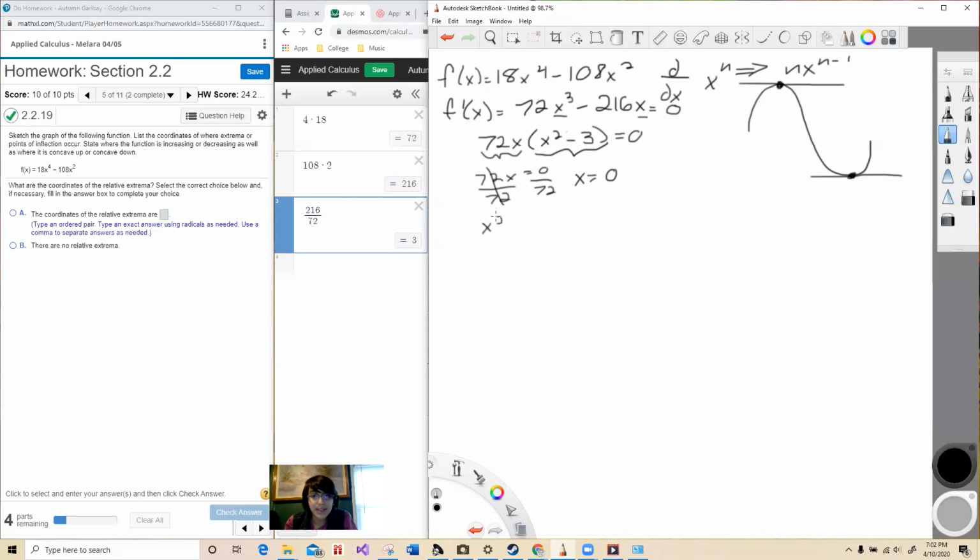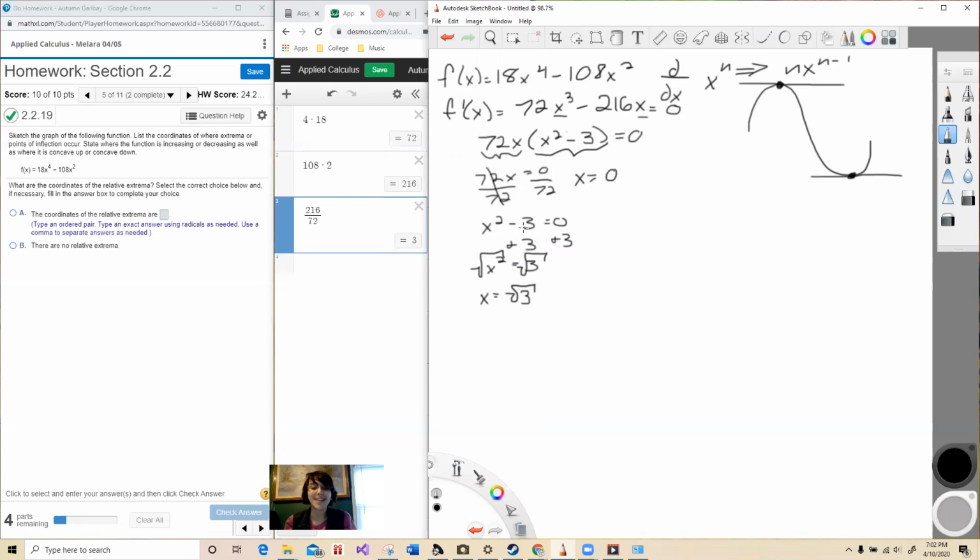Our other case is x squared minus 3 equals 0. We can add 3 to both sides. x squared equals 3. We can take the square root of both sides. And it'd be really easy to say, oh look, x equals the square root of 3. And that'd be partially correct.